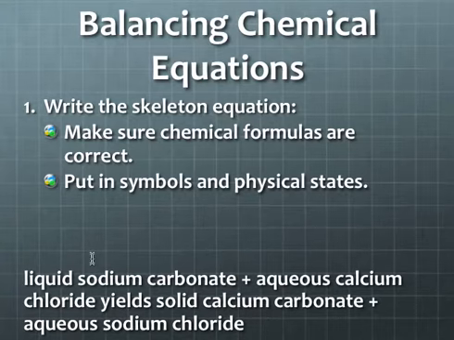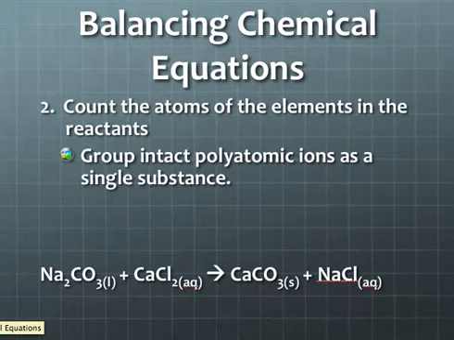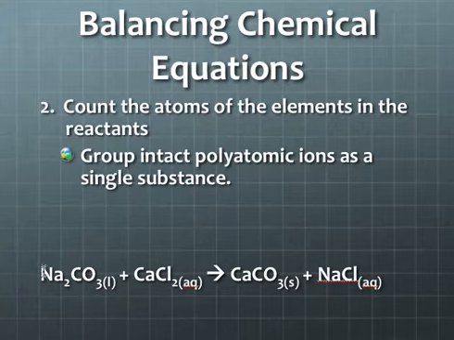So we're going to build all those formulas here. And if you look on step 2 here, right at the bottom of the slide, here are the formulas for those words that we had in our word equation on the previous slide. Notice when I have this all listed here, I don't have it balanced, but I do have the physical states next to each one of them as listed in the word equation.